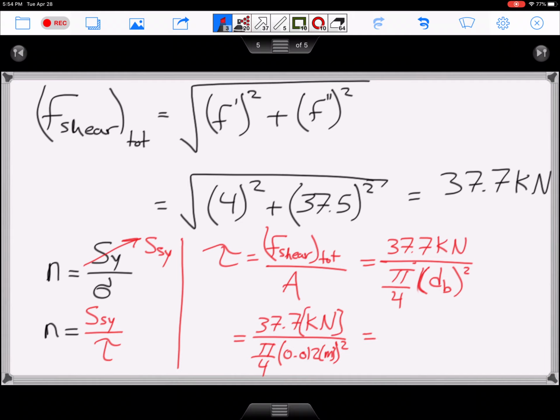You will end up with a value for shear of 334 megapascals. Here's your shear.